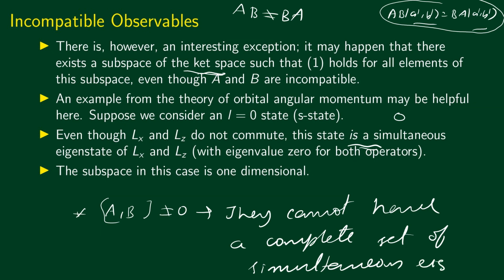They could have a few simultaneous eigenkets, just as we saw here, but they cannot have a complete set of simultaneous eigenkets. This means that every eigenket of A cannot be an eigenket of B also. There could be some eigenkets of A which are also eigenkets of B, but this won't be true for every eigenket. So that's what we mean when we say that A and B cannot have a complete set of simultaneous eigenkets if they are incompatible.